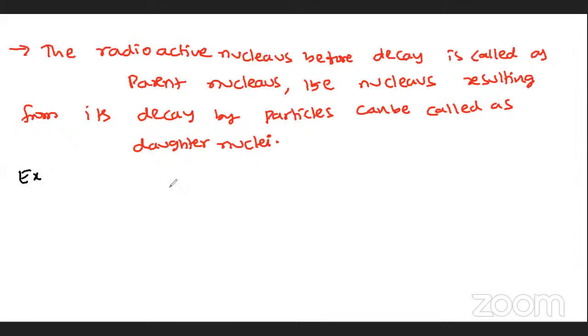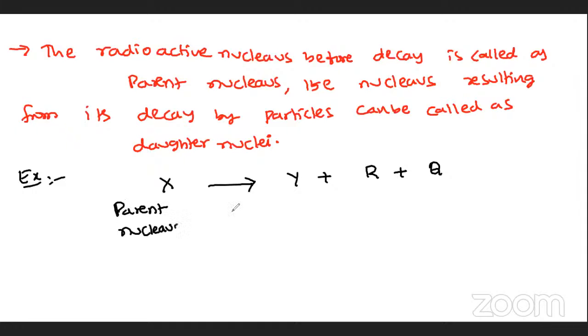Example: X gives Y plus R plus Q. X can be called the parent nucleus, Y the daughter nucleus, R the radiation, and Q the energy. Write down this one.